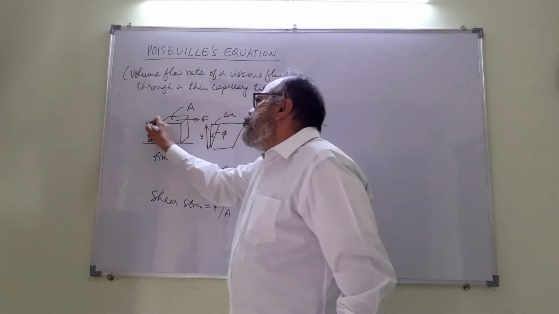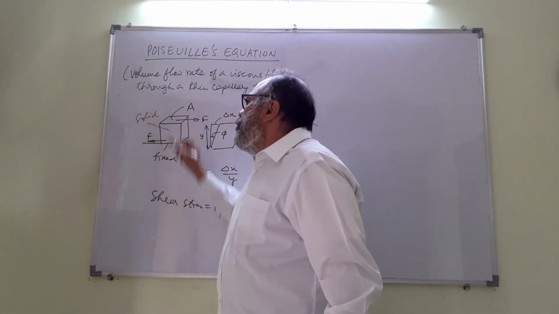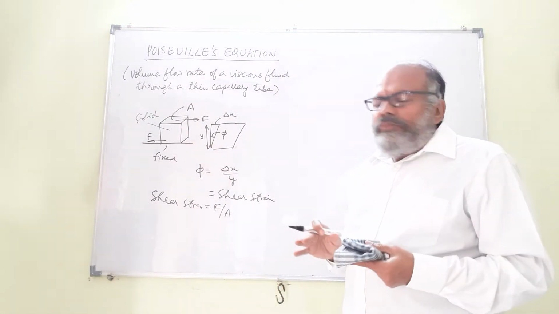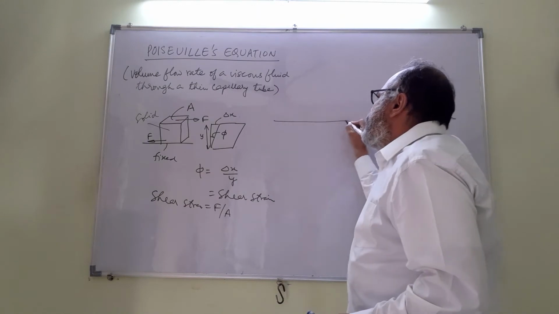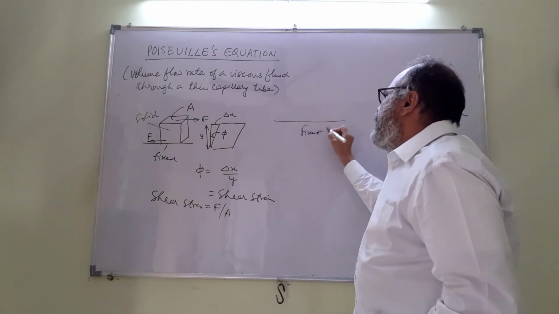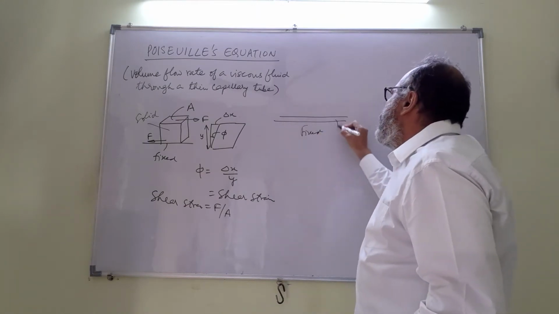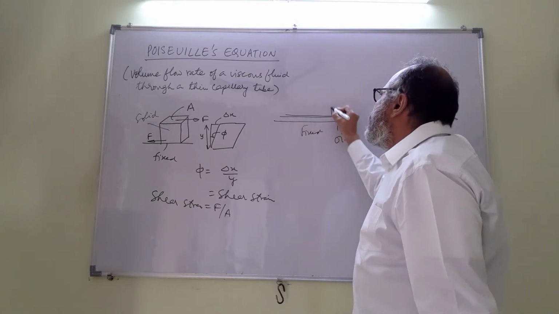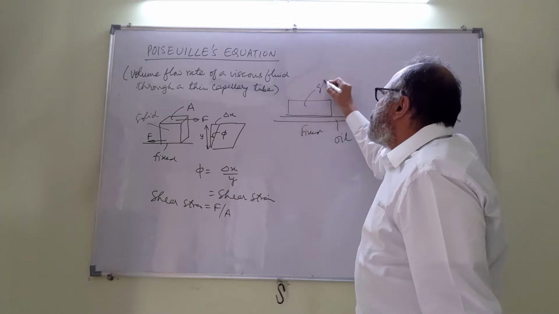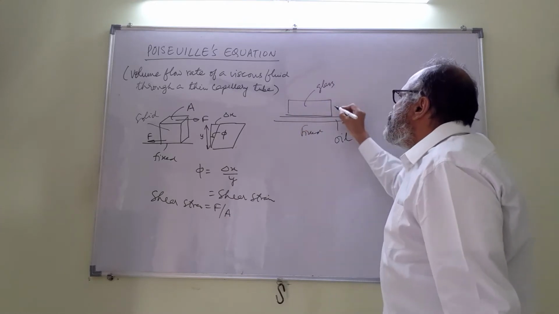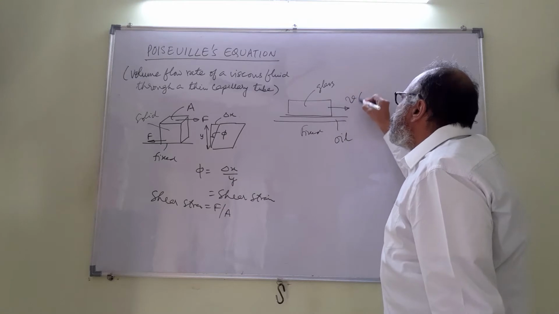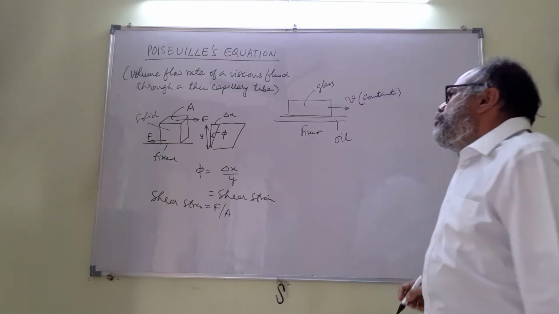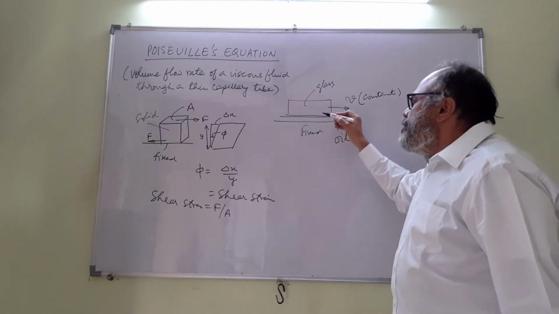Now, this was a solid block. Liquids and fluids also get sheared. Let us take a fixed surface with a thin layer of oil, and on that we have a glass plate, which is now being moved with a constant velocity v.